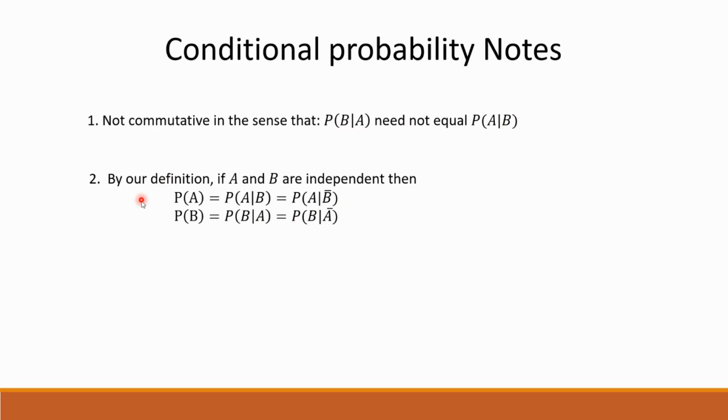Namely, if A and B are independent events, then the probability of A equals the probability of A given B, and that's also equal to the probability of A given the complement of B. In other words, if A and B are independent, the probability of A occurring is not affected whether B occurs or B does not occur.